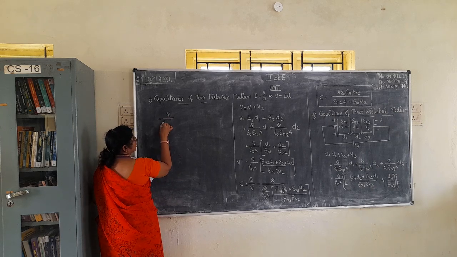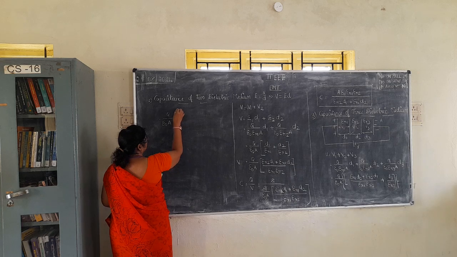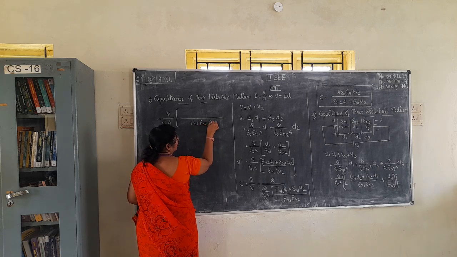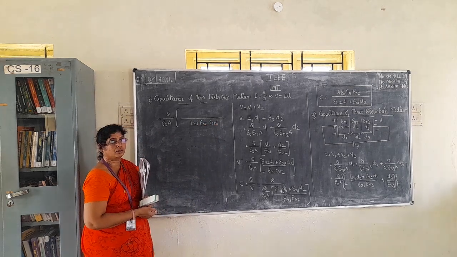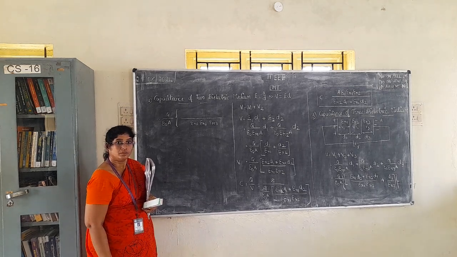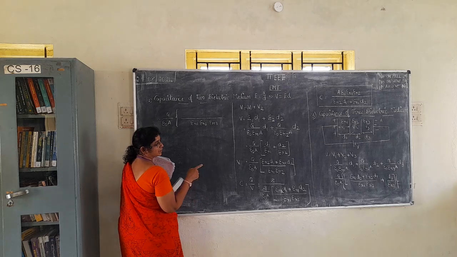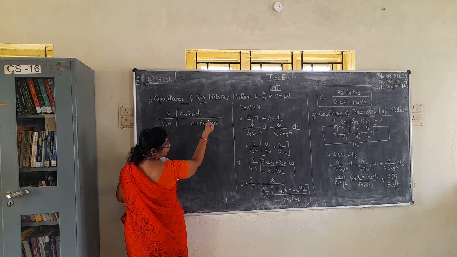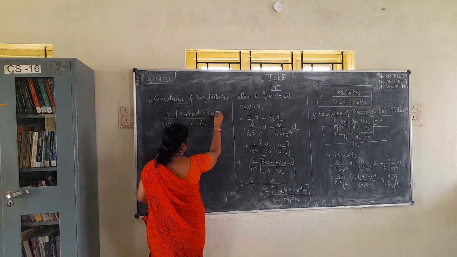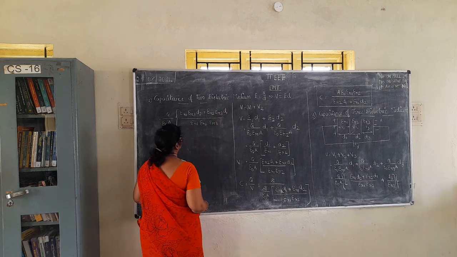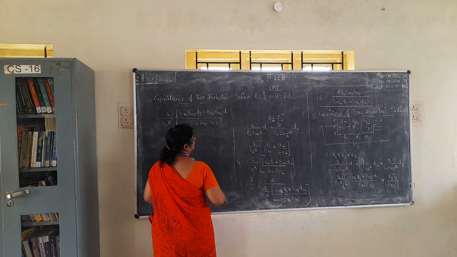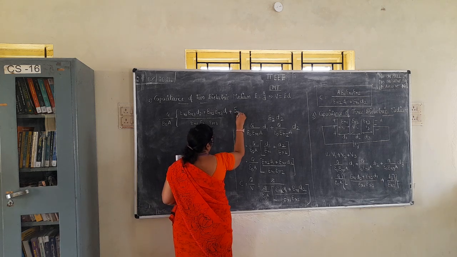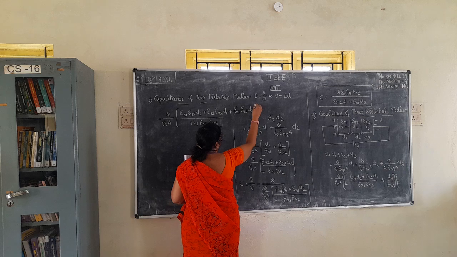So Q divided by epsilon naught A into epsilon R1 R2 R3, times epsilon R1 R3 d2 plus epsilon R2 R3 d1 plus epsilon R1 R2 d3.